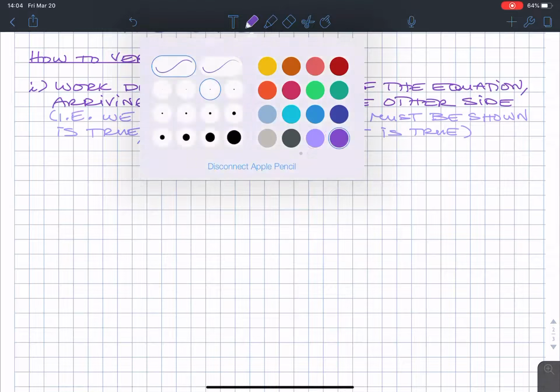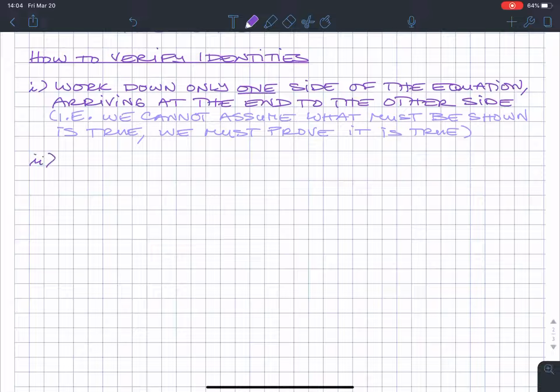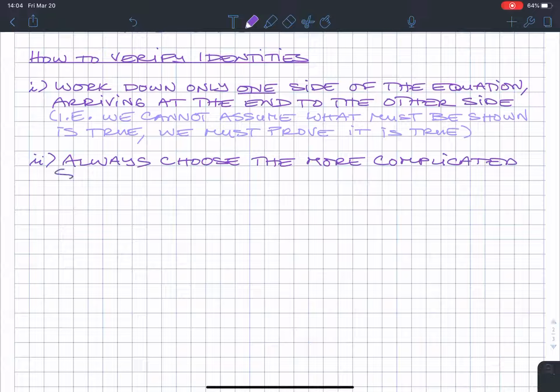Okay. So number 2. Always choose to simplify the more complicated side, as it's easier to simplify than complexify.